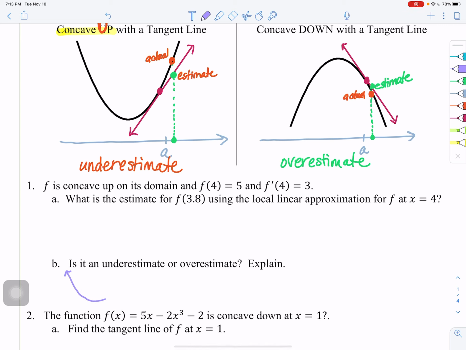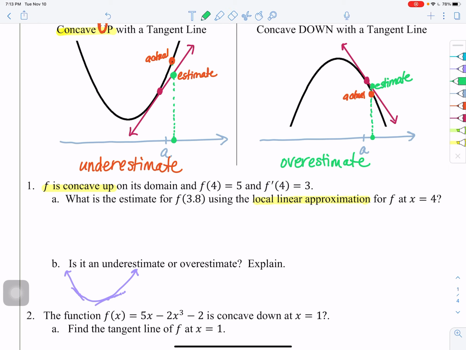I'm going to draw it down here because can we already answer this question if our function is concave up and we're going to estimate a value using linear approximation? Do we even have to look at A yet? No, right away we know that any tangent line is going to be below, and all of these approximations that come off of that line is an underestimate.